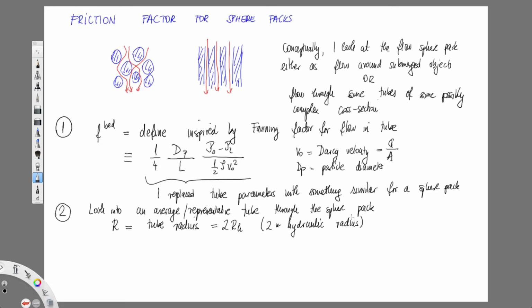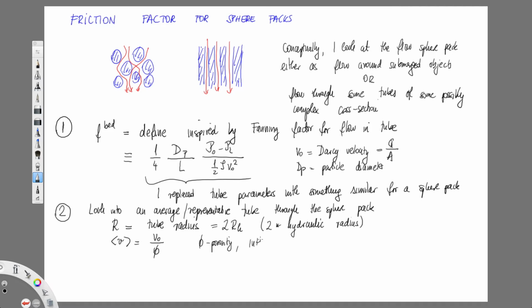And if V0 is the Darcy velocity that I actually measure for the entire sphere pack, and phi is the porosity of my entire sphere pack, how is the average velocity through this tube related to the Darcy velocity? What I call interstitial velocity. So basically my average velocity is V0 divided by phi, where phi is porosity.